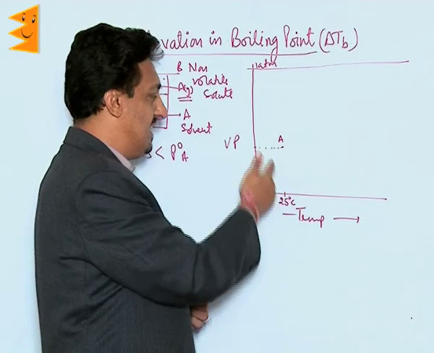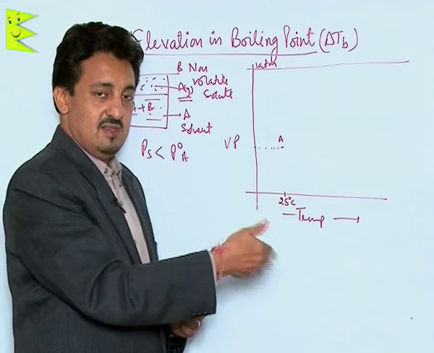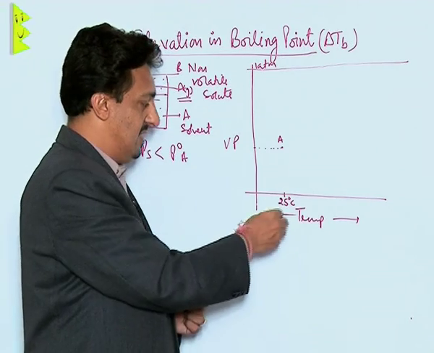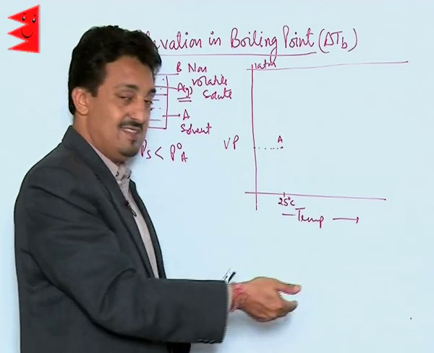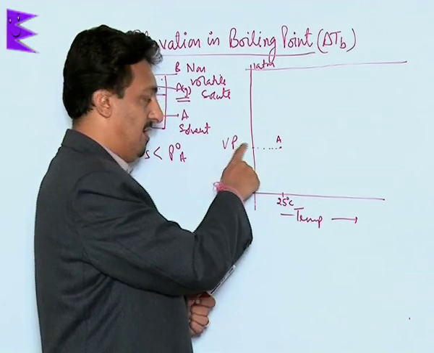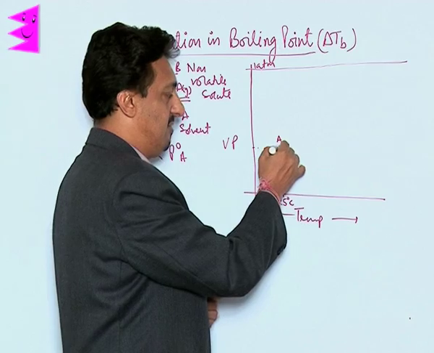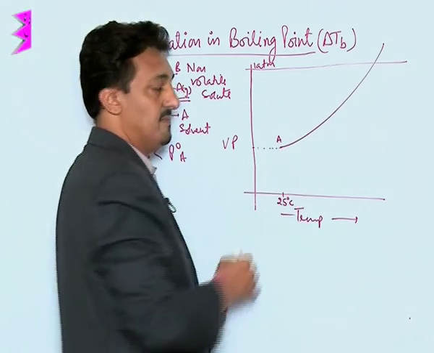Now we started heating this solvent A slowly, and with every degree Celsius increase in the temperature, we determined the vapor pressure. So we started getting the points, and when we join all those points, we get a graph like this.